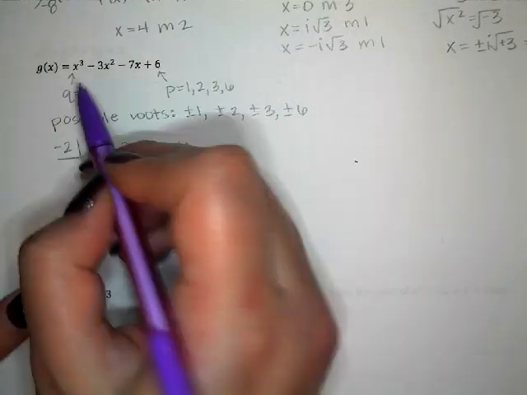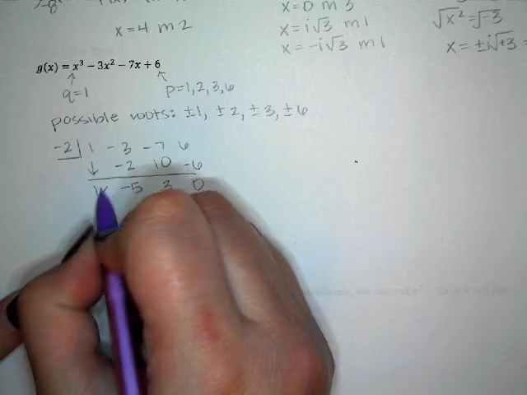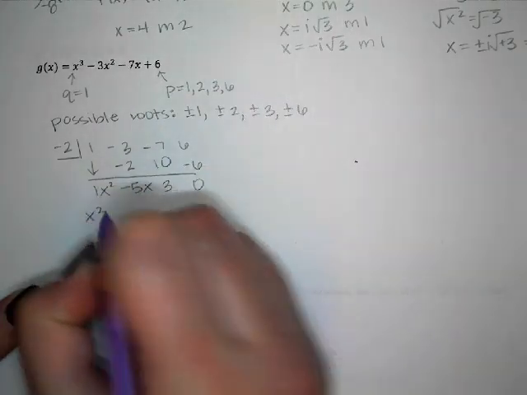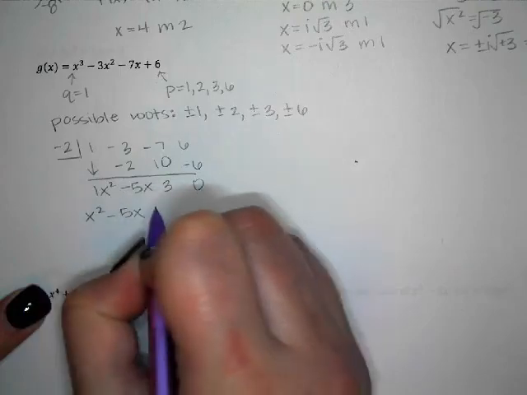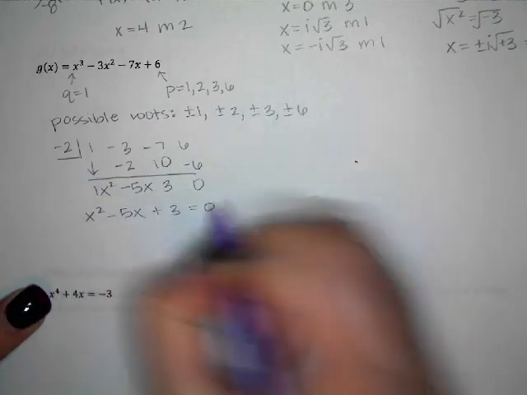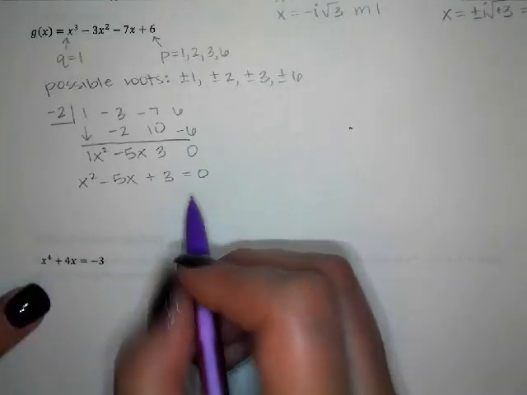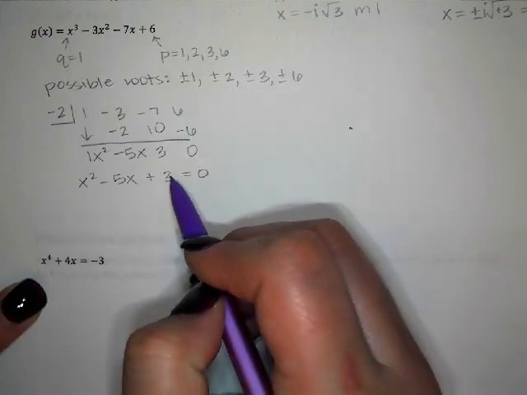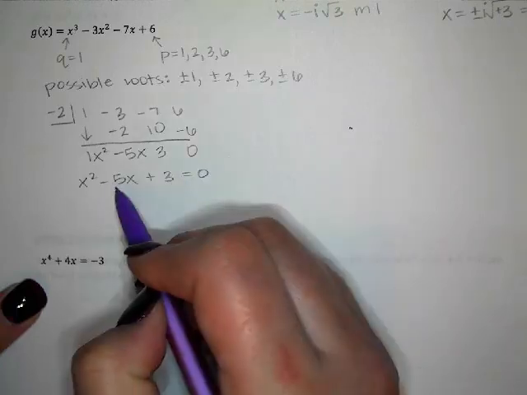So if this is x to the third, that's x squared, x, and no x. So this is the quadratic that I'm solving. And if it was factorable, I would factor it. But there's nothing that multiplies to 3 and adds to -5.